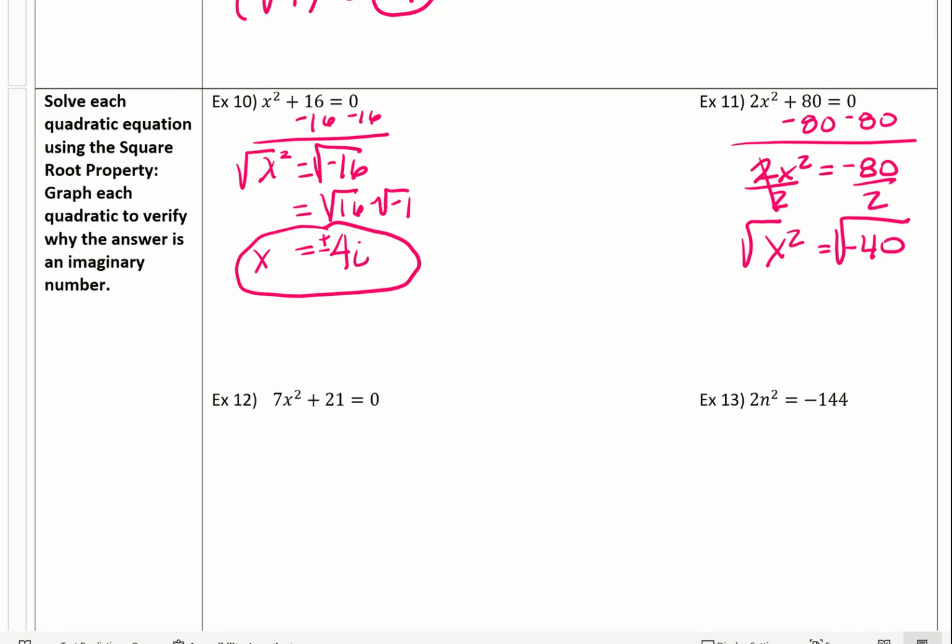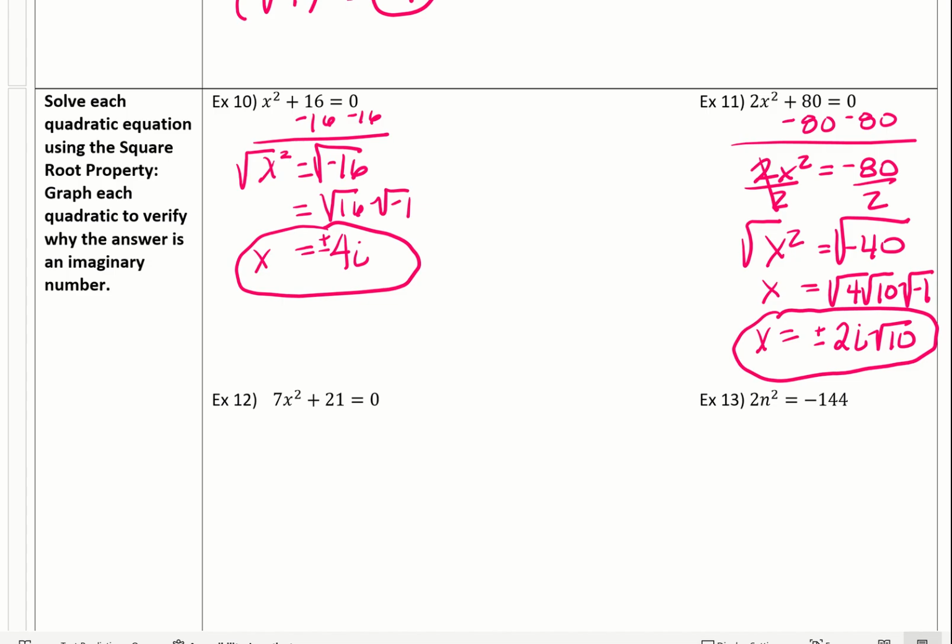I know 4 goes into it, and I actually think that's the highest. Root 4, root 10, root negative 1. Oops, let's erase that x squared. We already square rooted it. So root 4 becomes 2, root negative 1 becomes i, root 10 just stays, and it's going to be plus or minus 2i root 10.